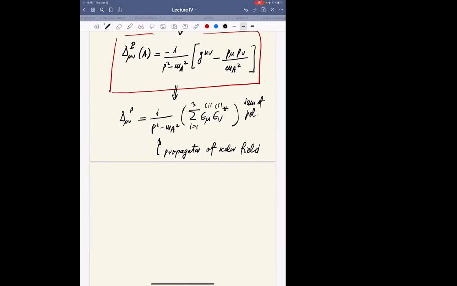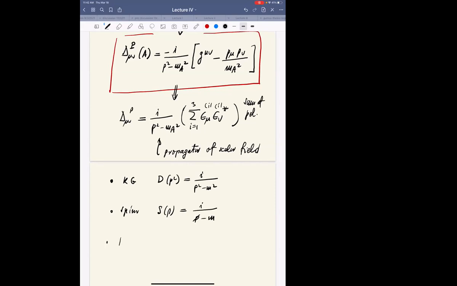Now, one important thing. You know that if you have a Klein-Gordon field, the scalar field, the propagator is i over p squared minus m squared. If you have a spinor, you have the propagator, which is i over p slash minus m.